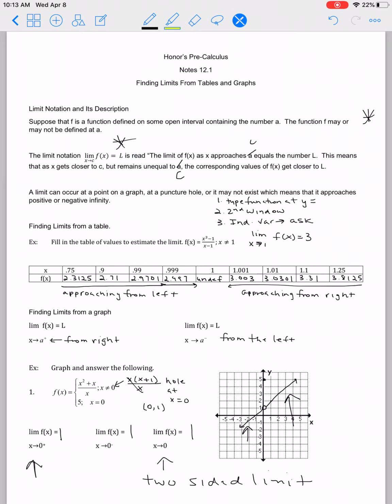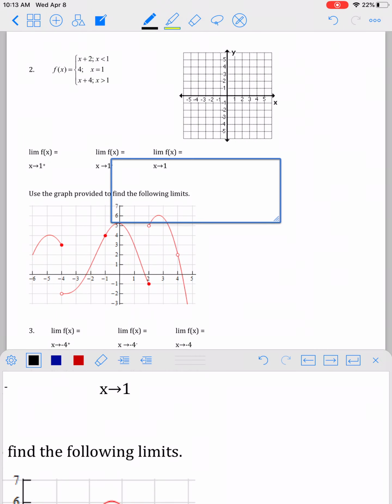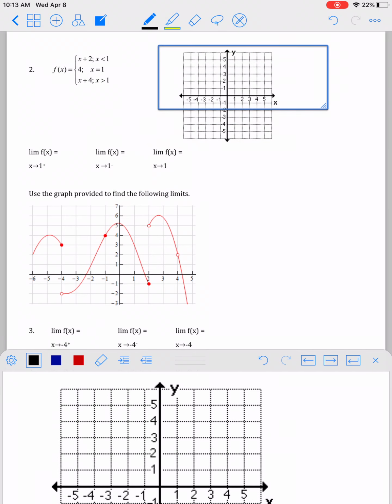Okay, now moving on, here's another graph. And this one, again, is piecewise. So we're going to graph it first. We know at 1 that the value is 4.